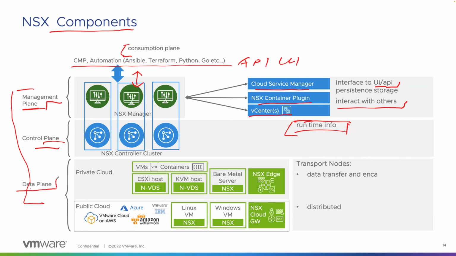Now we look at the data plane. The biggest characteristic of the data plane is that it is distributed. For example, say we have 10 ESXi hosts in your data center and you want to configure and use NSX.